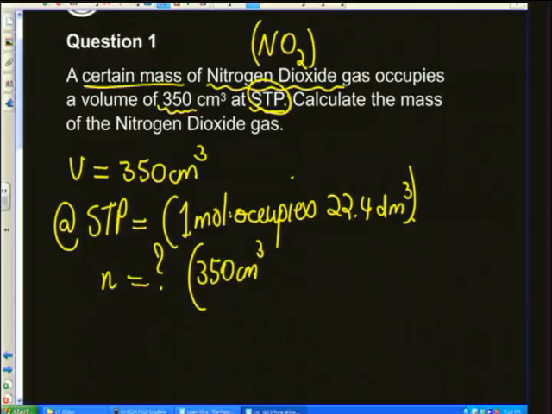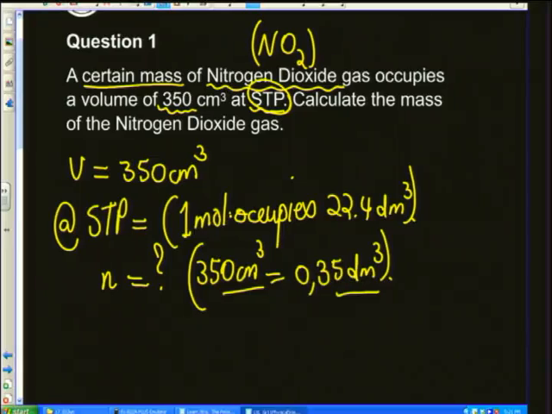And of course, we will need to convert it into cubic decimeters. So let's just do that immediately. So this is equal to 0.35 cubic decimeters. That's when you have converted cubic centimeters to cubic decimeters by dividing by 1,000.